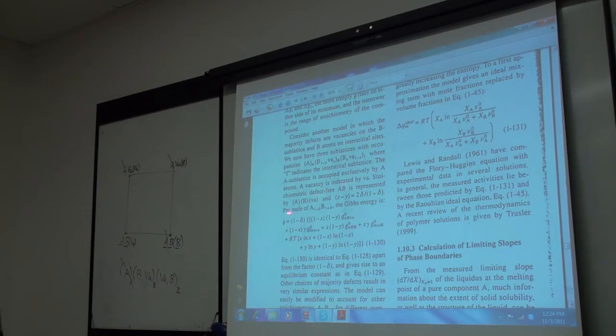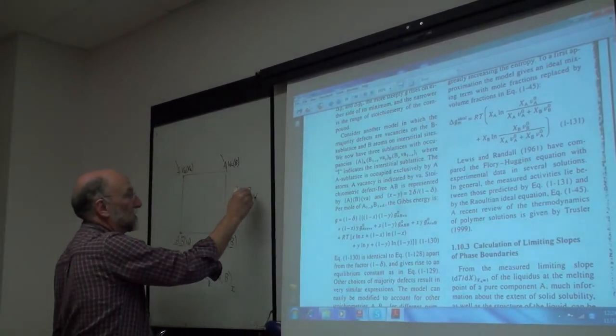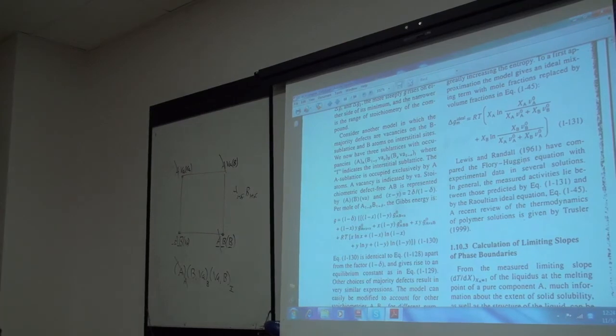Stoichiometric defect-free AB is represented by A B vacancy. All this mass balance here, I don't know, this doesn't really matter, I was trying to put this into your standard notation, that if we're still treating this material as A, if we want to write it as A1 minus delta, B1 plus delta, then if you do a little mass balance, you find, okay, this would be, sorry.